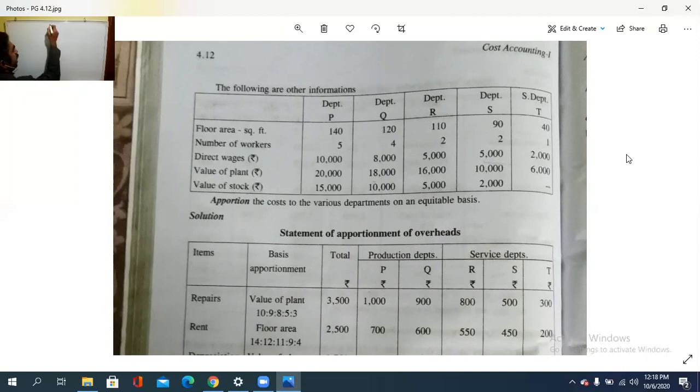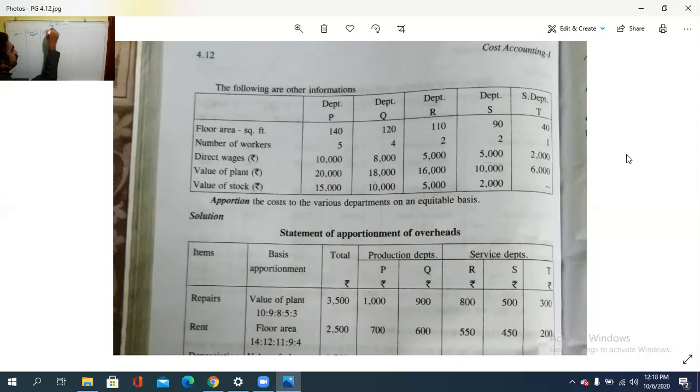So apportionment. How many columns? 1, 2, 3, 4, 5 departments are there, isn't it? 5 departments plus 1 total column and basis of apportionment and items. So firstly items, then basis of apportionment. Okay, next which one?